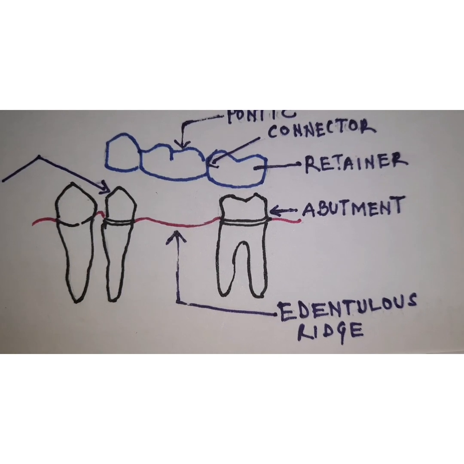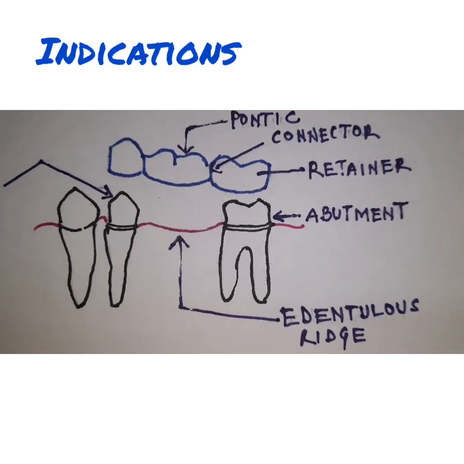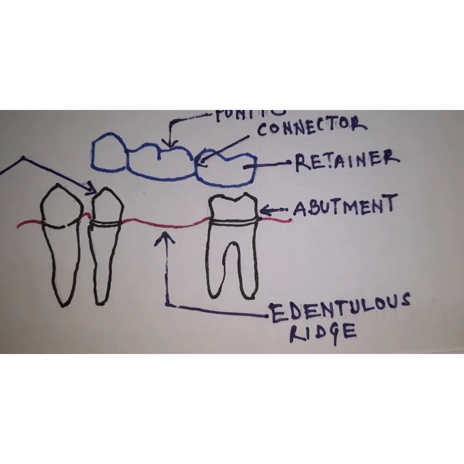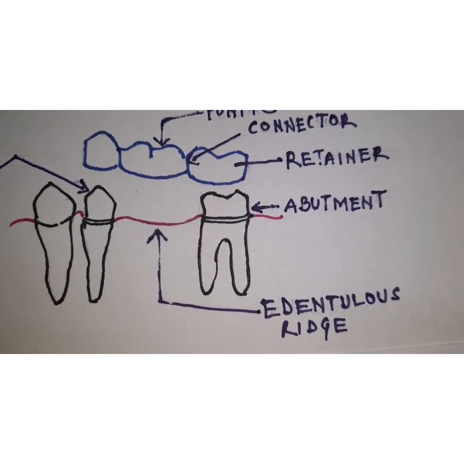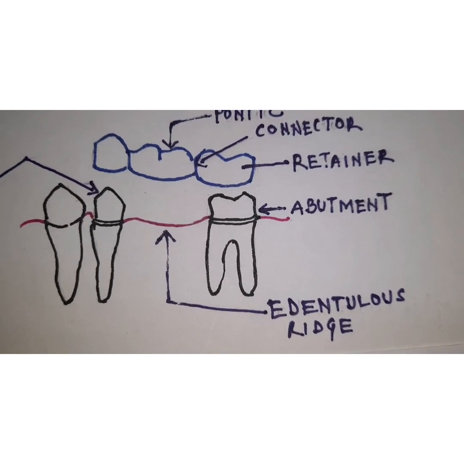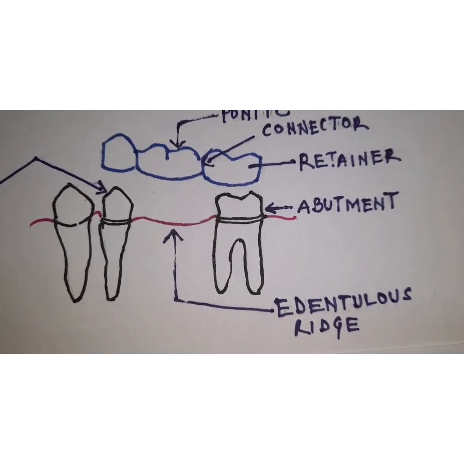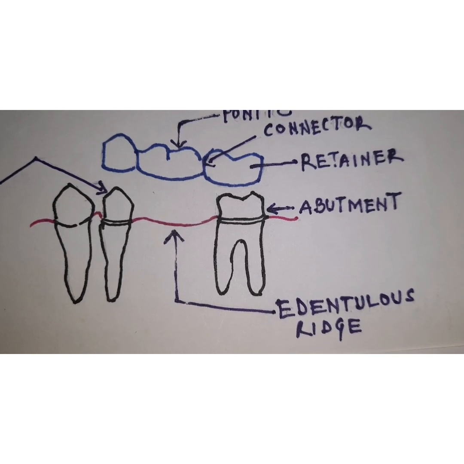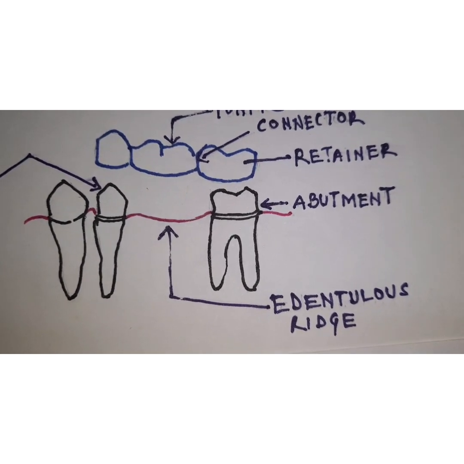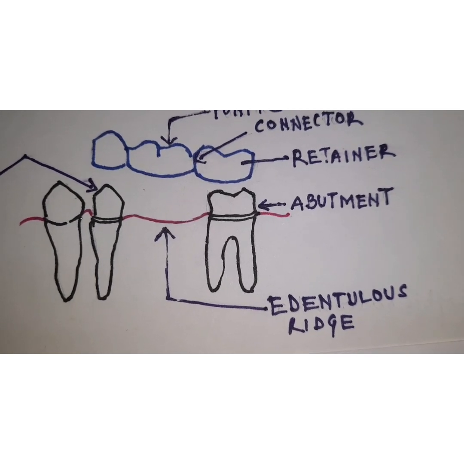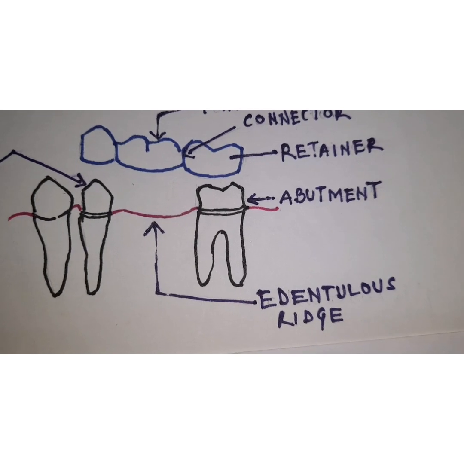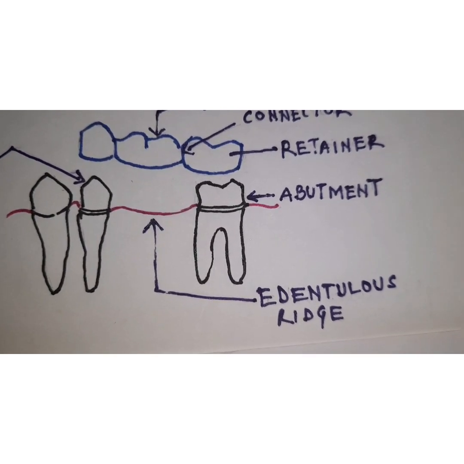The indications for fixed partial denture are those patients who cannot tolerate removable prosthesis, wherein the patient is, suppose, a severe gagger. So in those cases the patient cannot tolerate removable prosthesis. In those cases you should give a fixed partial denture. In a patient with a systemic disease such as epilepsy, wherein there is a fear of aspiration of removable prosthesis, you should consider fixed partial denture.